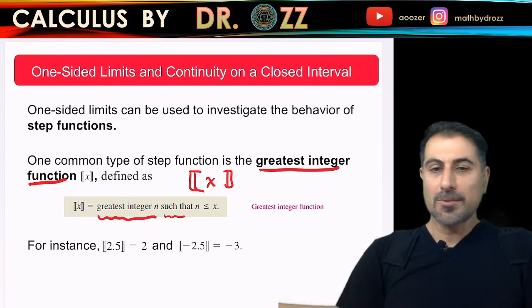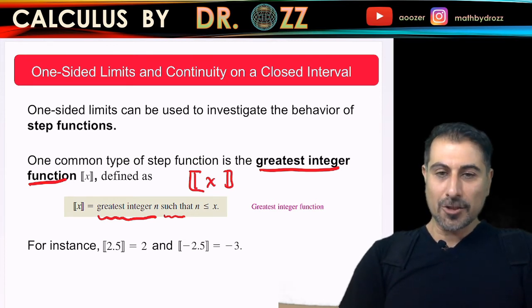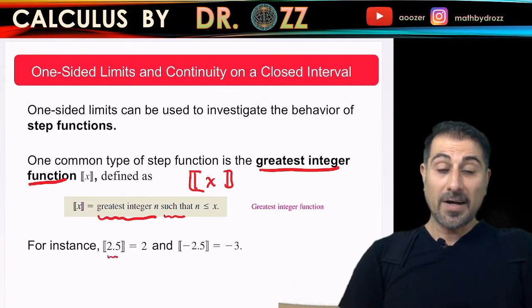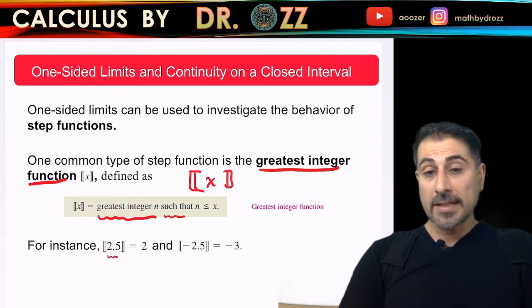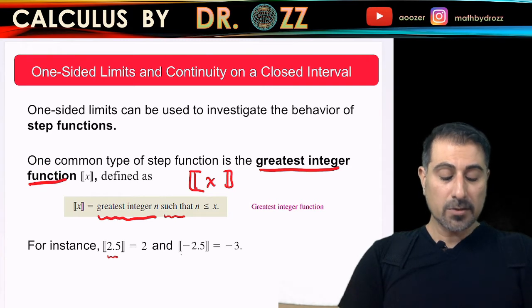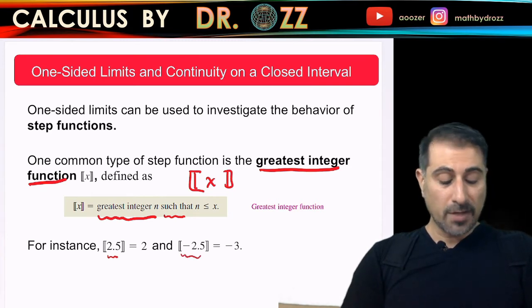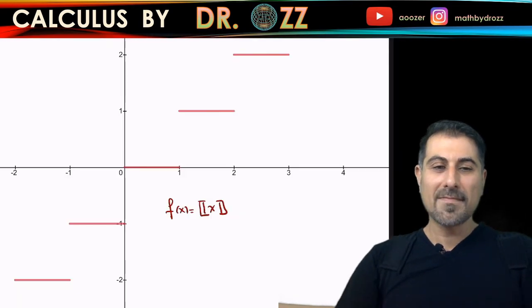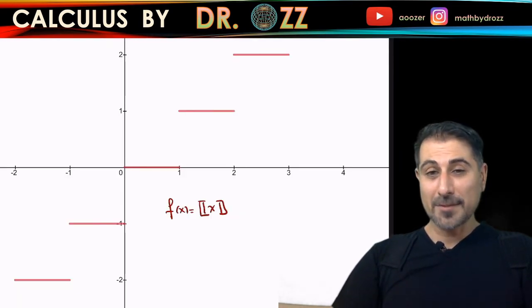Essentially, we're just rounding the number down to the closest integer. So for example, the greatest integer of 2.5 is 2 because we're rounding it down to 2, and similarly, the greatest integer of negative 2.5 is negative 3 because you again round it down. And here's the graph of the greatest integer function.